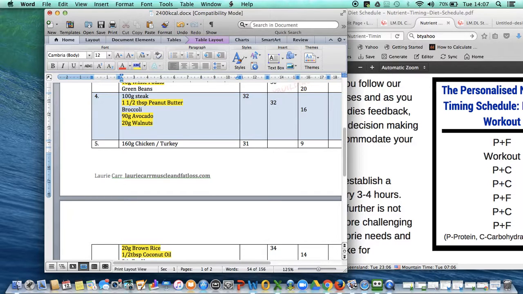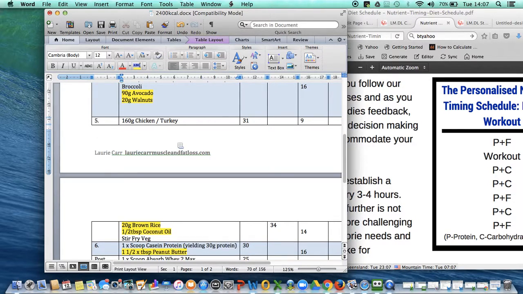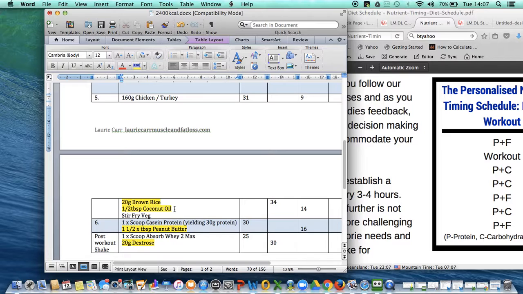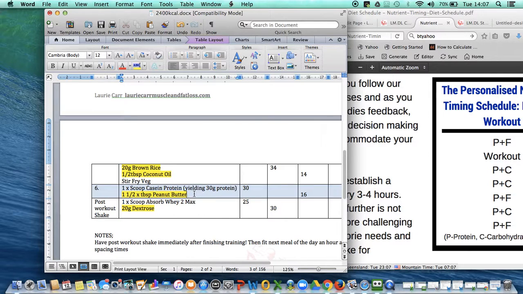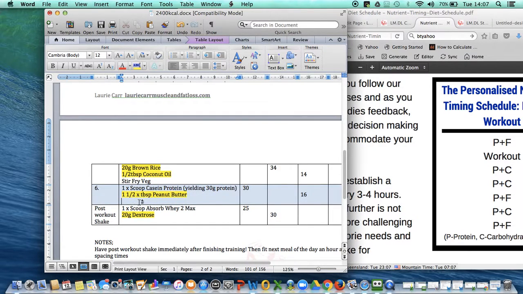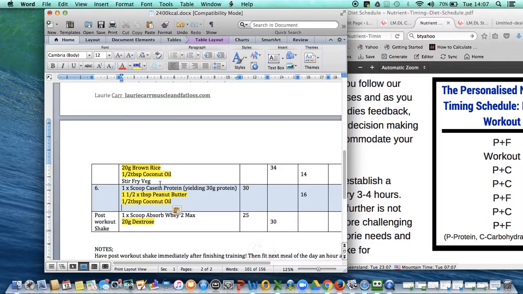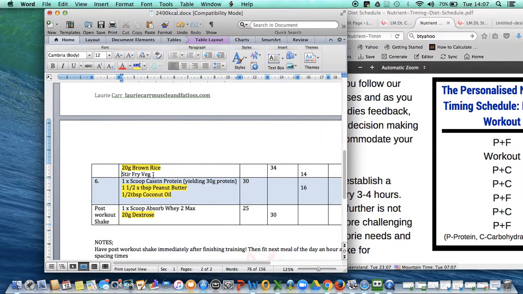Change that to 160 because that's what it was. Okay, brown rice, get rid of coconut oil, copy that, stick that in there because I don't want to alter the calories at all. You might have to dry fry that, or cook it some other way.